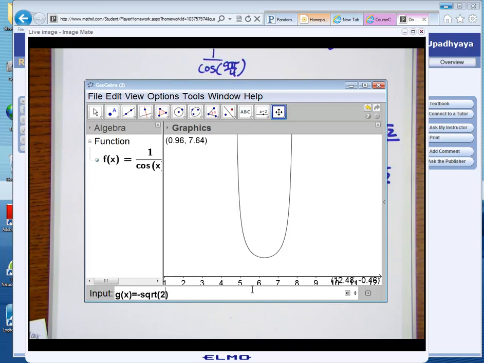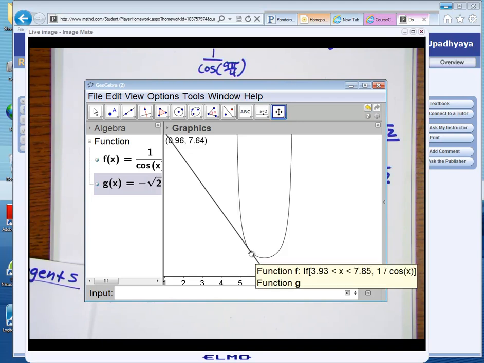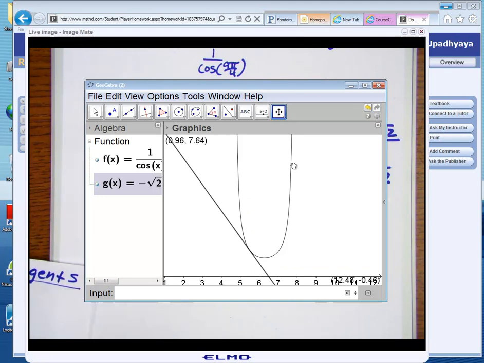The square root we do is SQRT, open parentheses, put in your number 2, x, plus, and now I'm going to have my 7 pi, pi divided by 4, square root 2, and then I'm just going to add square root 2. Notice that's a tangent line, and if you had to find the point of intersection, it would intersect with this graph at that 7 pi over 4 spot, which is approximately right there.